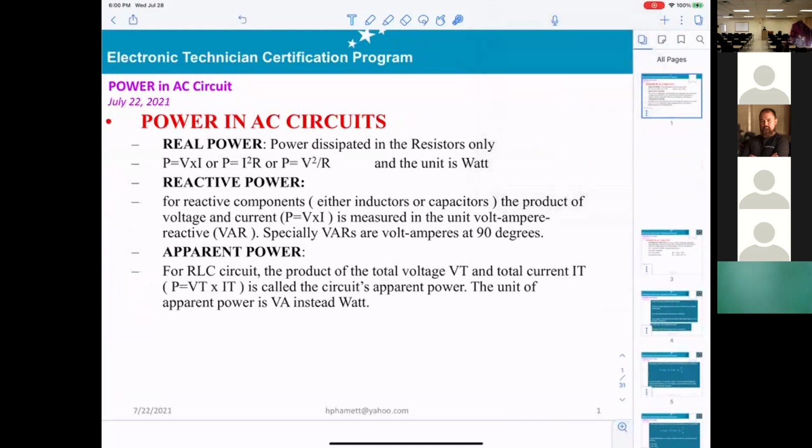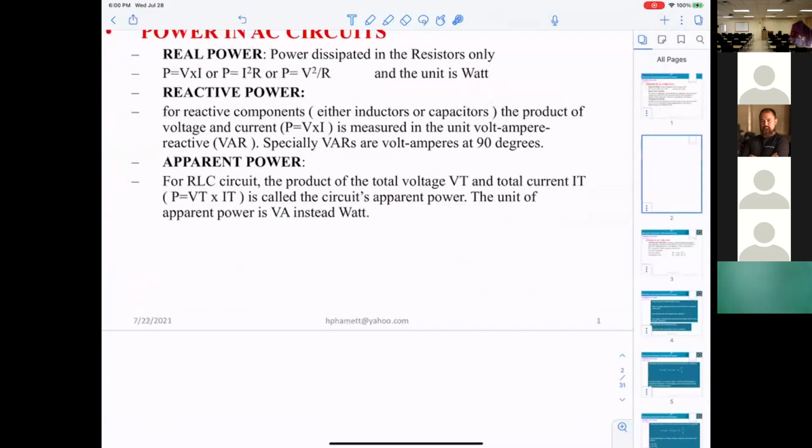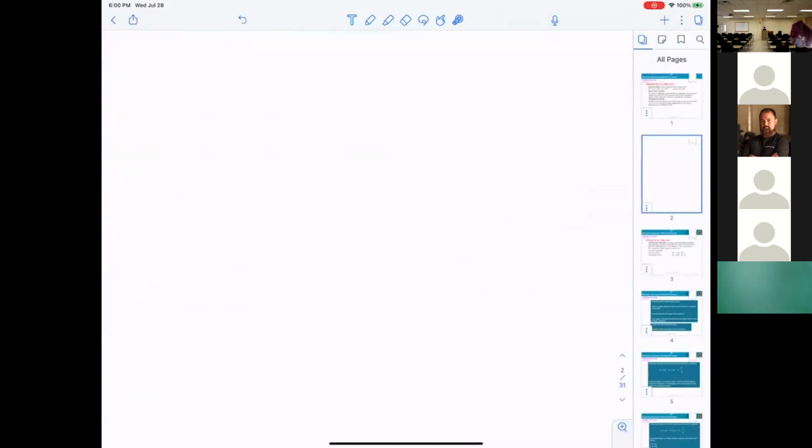Mr. Pham, question. Go ahead. Reactive power, it says, is only specific to a 90-degree phase angle, correct? Yeah, they get that all the time.